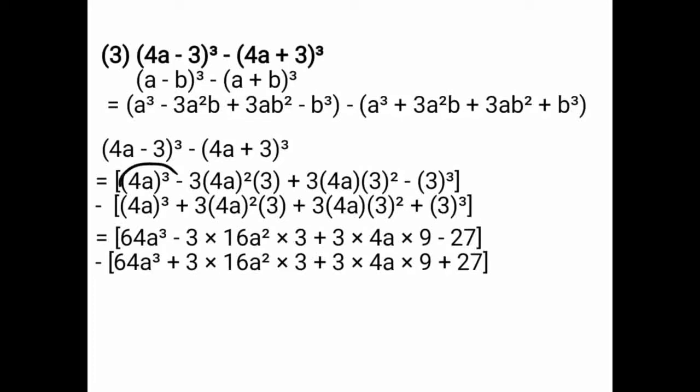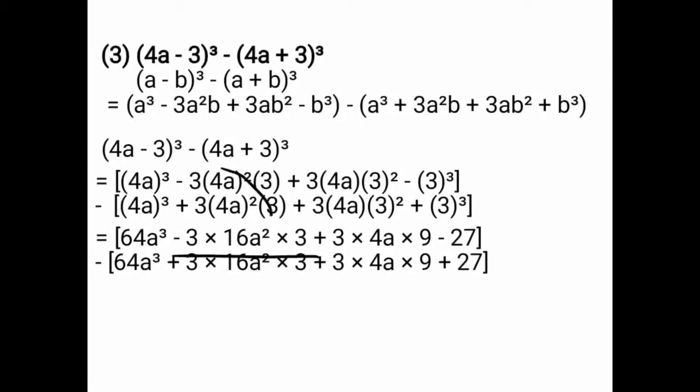Cube of 4a is 64a cube. Then cube of 3 is 27. Minus 3 into (4a) square into 3. I wrote the multiplication form here.